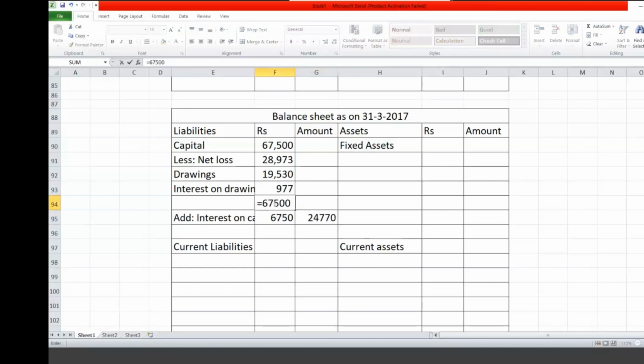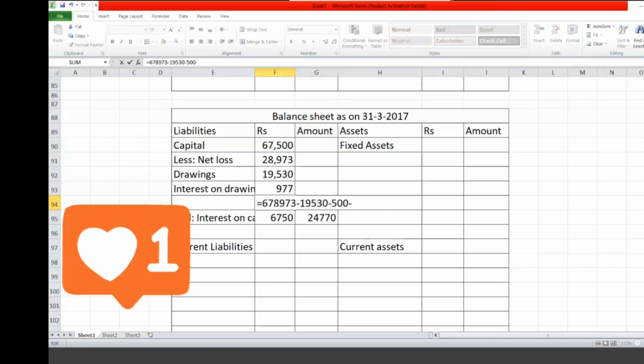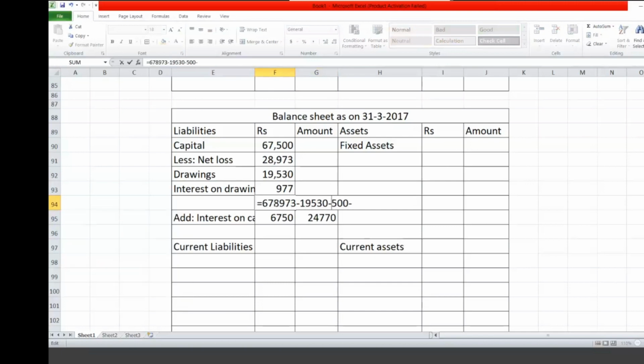67,500 minus 28,973 minus 19,530 minus 977.